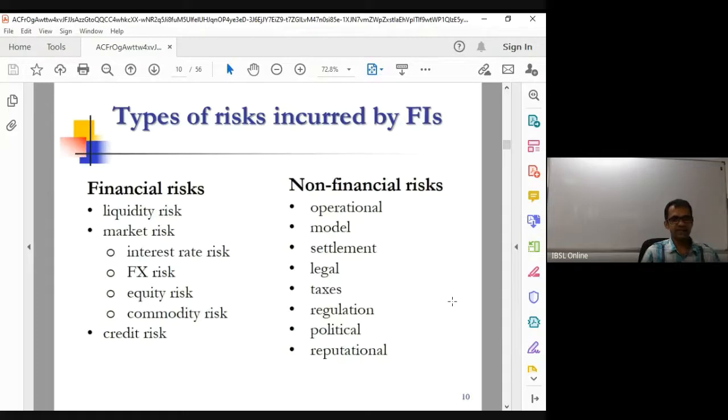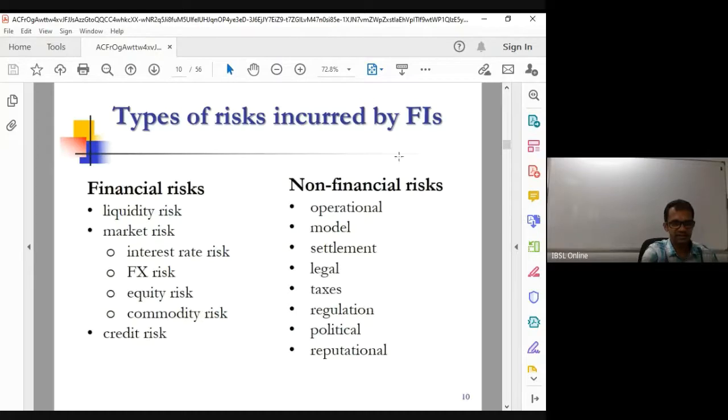And taxes, from time to time the government changes tax policies and procedures that will have an impact on our objectives. May lead to a financial loss. Even in legal, if somebody sues you and ultimately you have to make a compensation, that would become a financial loss.